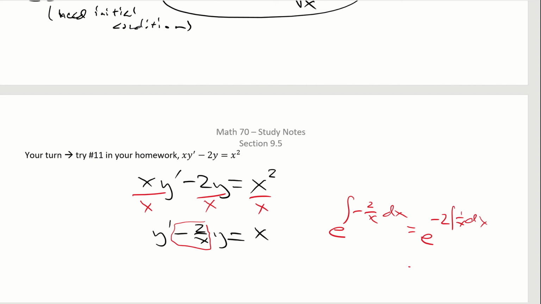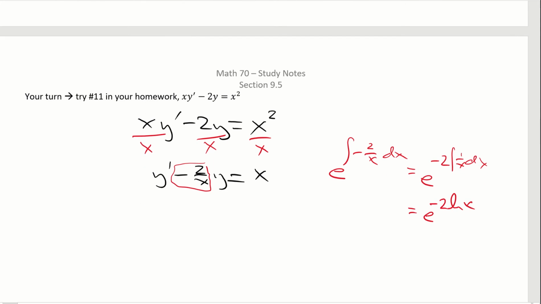Did you figure that out? In this case, we've got e to the minus 2 natural log of x. And if you followed what we did, this is what we did next. We went e to the natural log of x to the minus 2. And you cancel that, and your integrating factor is 1 over x squared.